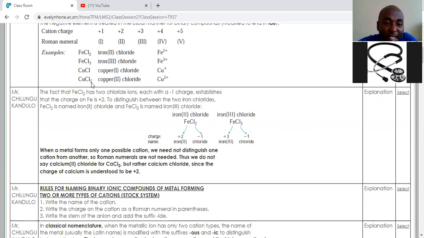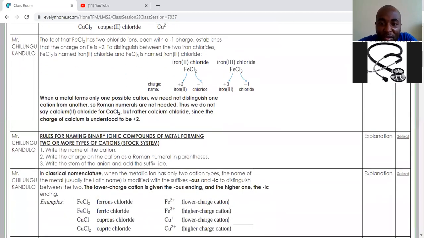Because when you add the charges, the total oxidation states in a compound, the sum must be equal to 0. So if you have -1 for the chloride, and there are 3 of them, 3 times -1 is -3. It means this one is +3. So those are the things.